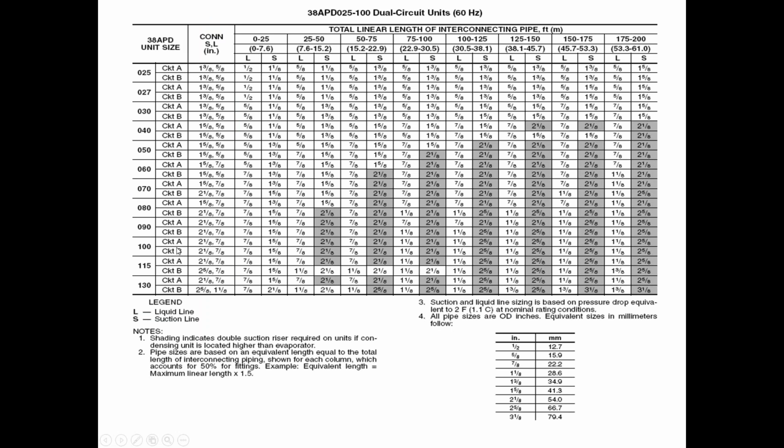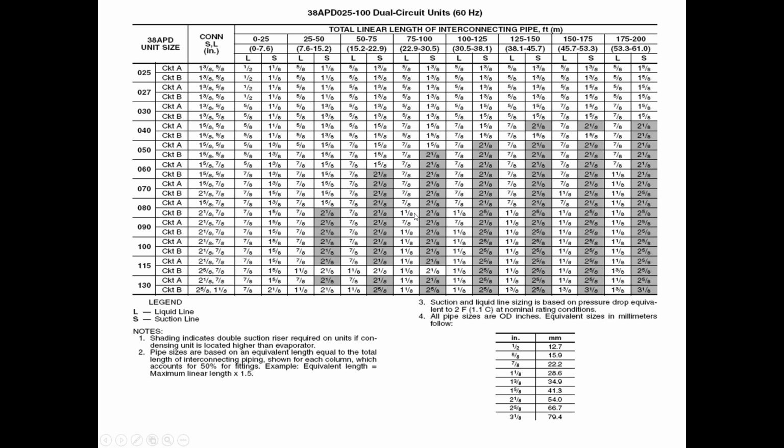Model number, tonnage, circuit A, circuit B. How long a pipe run do you have? You bring these numbers together, and then there's your pipe sizes. Again, shaded or bold is going to mean double suction risers.